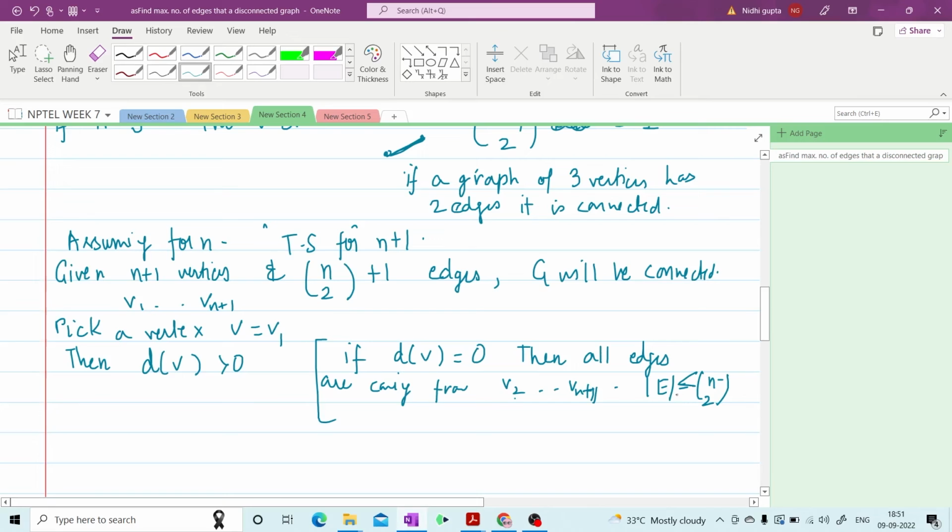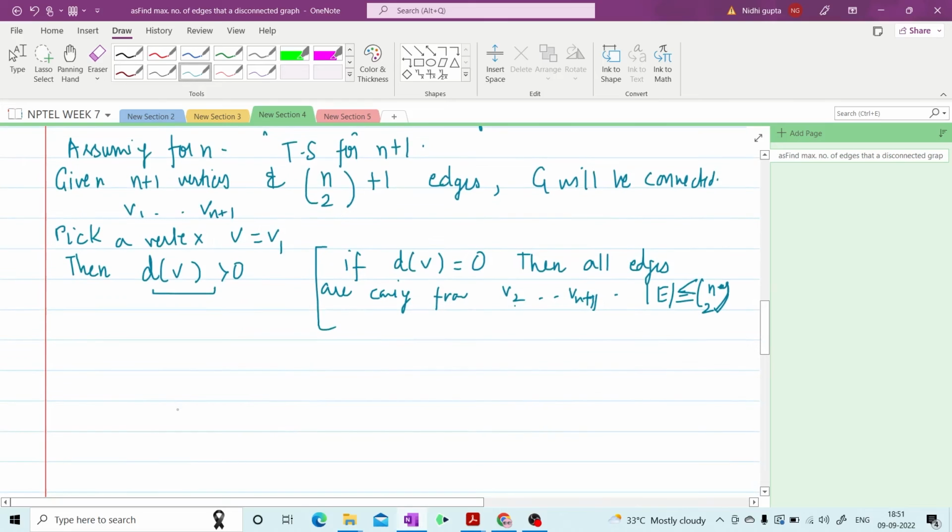So the number of edges should be less than or equal to n choose 2. But here our graph has n choose 2 plus 1 edges. Therefore we know that the degree of V has to be greater than 0.